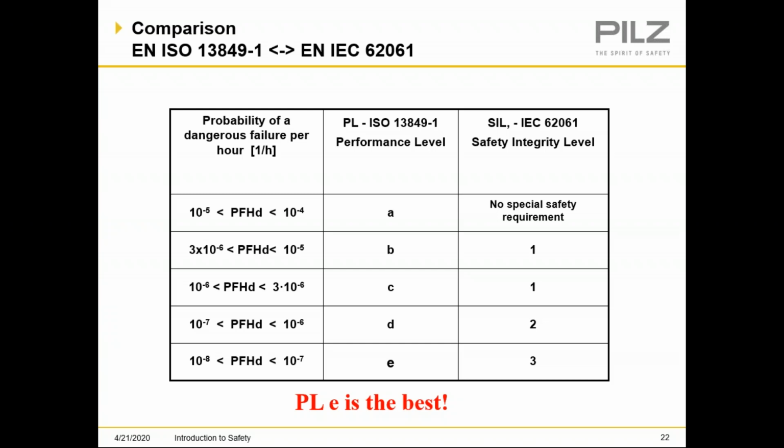And then if you look at this column, you'll see the probability of dangerous failure per hour, and you see that goes way down as you go down the list.